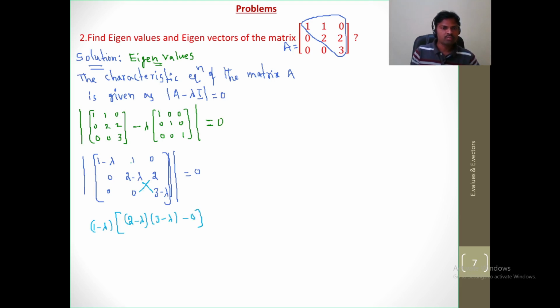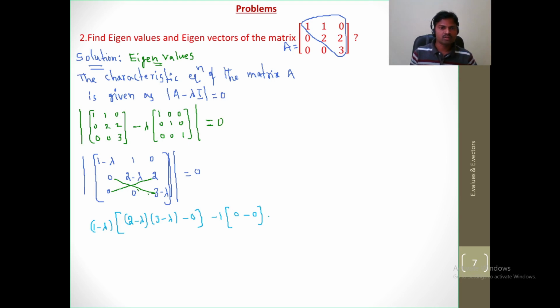Next, minus 1 into the next minor, expanding with respect to the 1: 0 into 3 minus lambda minus 0 into 2. So what will you get? 0 minus 0 only, because we are multiplying with these two zeros.